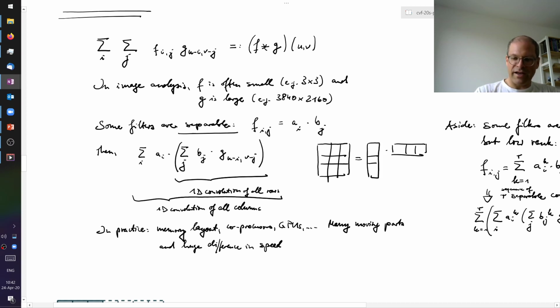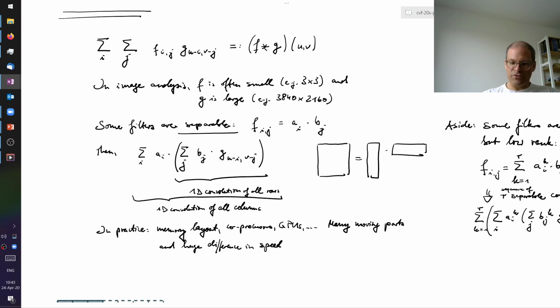And this kind of decomposition becomes interesting, in particular, if you work with larger matrices. So let's say if this matrix here is 25 by 25, then naively I would need 625 elements for my filter, but here I just need 25 plus 25, which is 50. So there's of course a huge savings if your filter does have this kind of low rank structure.